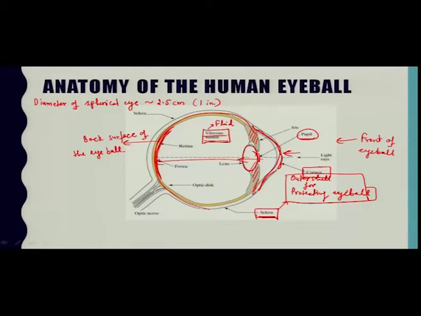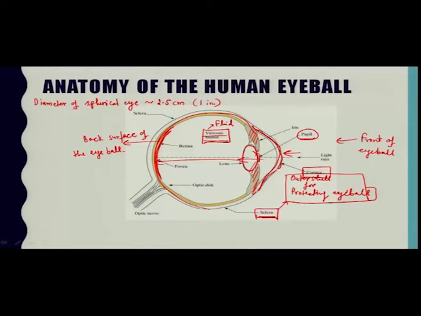So, for distance vision, the lens becomes flatter to increase its focal length, and for close-up vision the lens becomes rounder and thicker to reduce its focal length. So this capacity of the lens to make this focusing adjustment is known as accommodation.